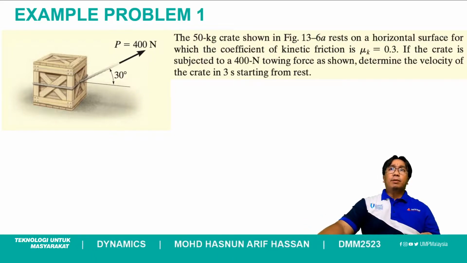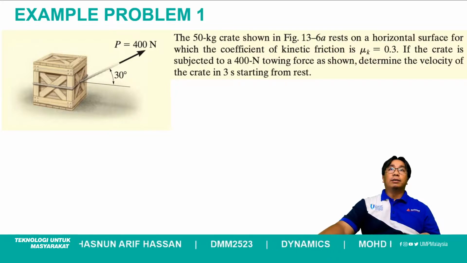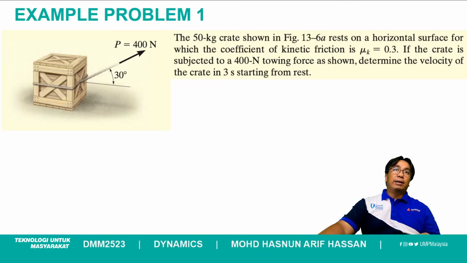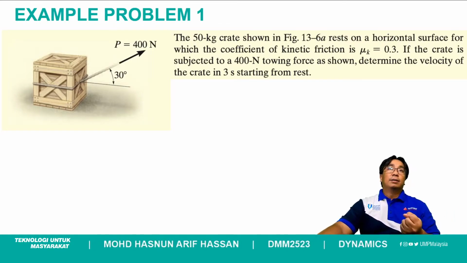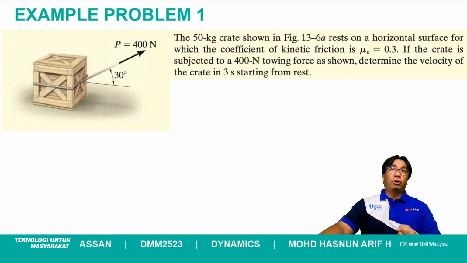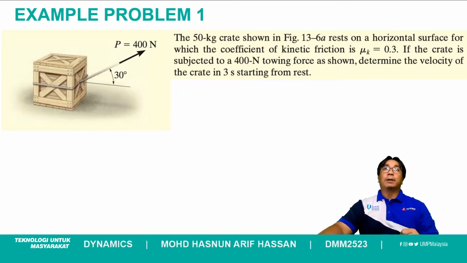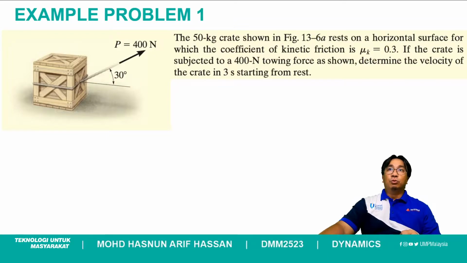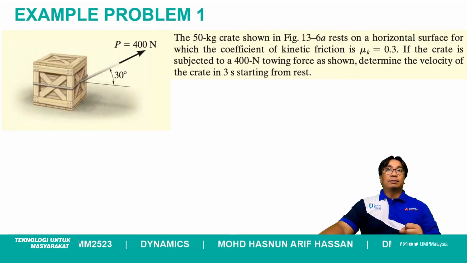Okay, if the crate is subjected to a 400 Newton towing force as shown, so ada satu tali and then maybe somebody is pulling the rope here with 400 Newton force, which caused the box to move. Okay, now what we want to do is determine the velocity of the crate 3 seconds after starting from rest.